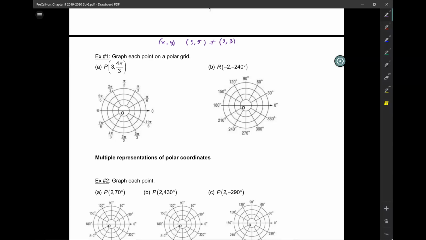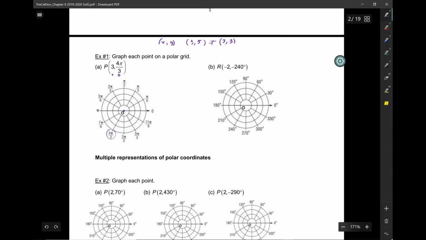So go to 4 pi over 3. That's this line here. My radius, so this is r, this is theta. My radius is 3. That means on that terminal side, I'm going to go out 3 units.